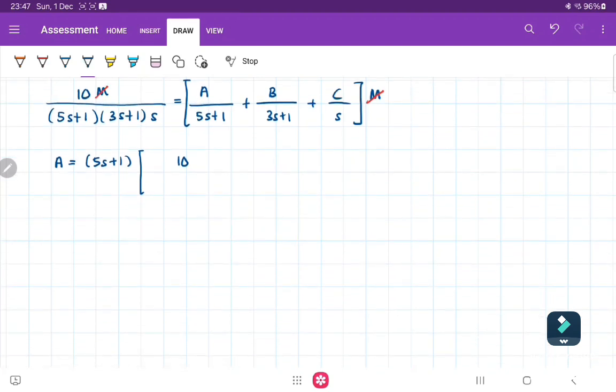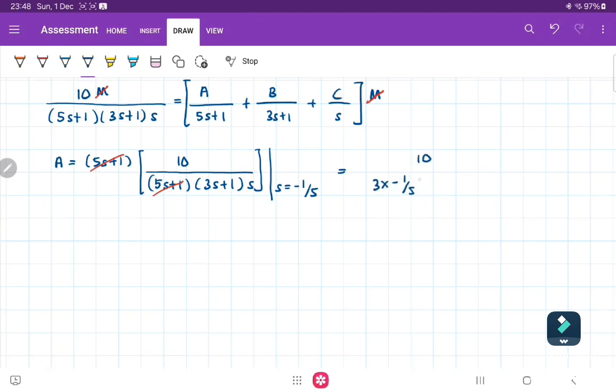So what I have is 5s plus 1 times 10 over (5s plus 1)(3s plus 1) multiplied by s, and then we evaluate that at the root, which is minus 1 over 5. You can see this part can cancel with that part. So what's left for us is 10 over (3 multiplied by minus 1 over 5 plus 1) multiplied by minus 1 over 5.